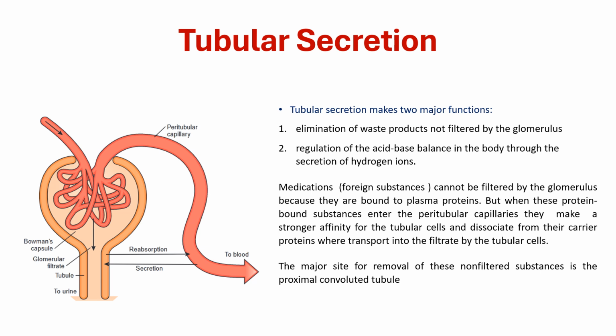But when these protein-bound substances enter the peritubular capillaries, they have a strong affinity for the tubular cells and dissociate from their carrier protein, and are transported into the filtrate by the tubular cells. The major site for removal of these non-filtered substances is the proximal convoluted tubule.